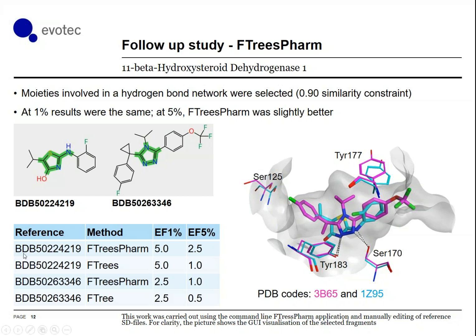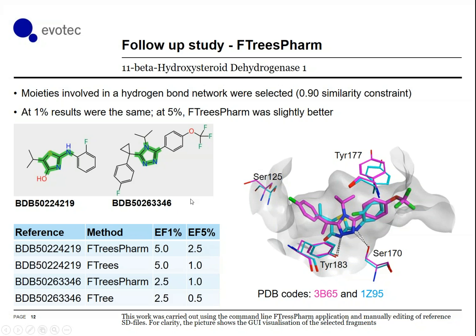And for the first compound, BDB219, we can see that at 1%, the enrichment of actives with the FTrees-FS is identical to the one that I have obtained with the regular FTrees. But at 5%, where FTrees dropped to basically a random value of the enrichment factor, which is 1, I have an improvement to 2.5.